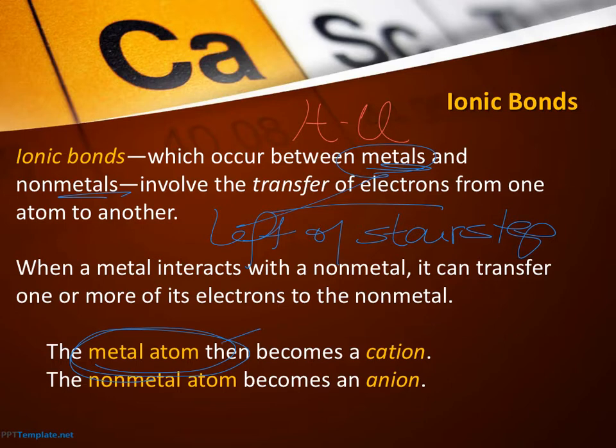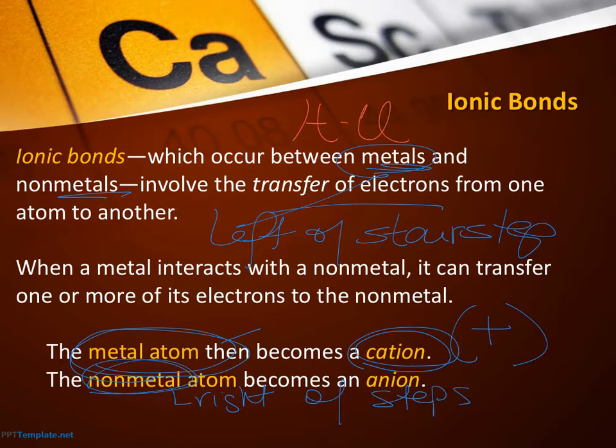And what happens when you give up an electron? What's left over becomes positively charged, and that's called a cation. The nonmetals involved in an ionic bond are the atoms to the right of the stair step. Those tend to accept extra electrons, and when you accept an extra electron, because electrons have a negative charge, you become an anion.